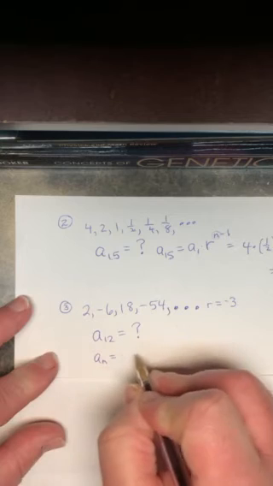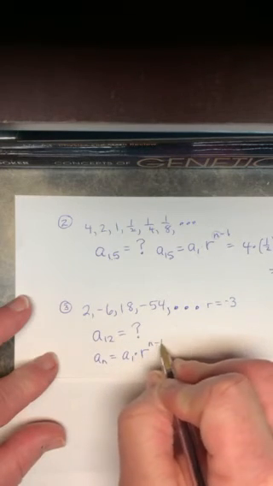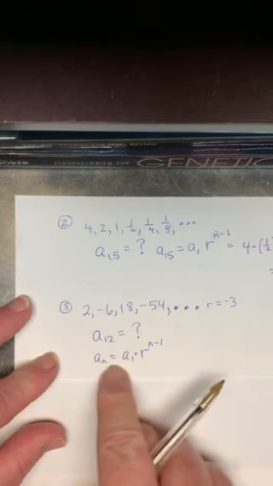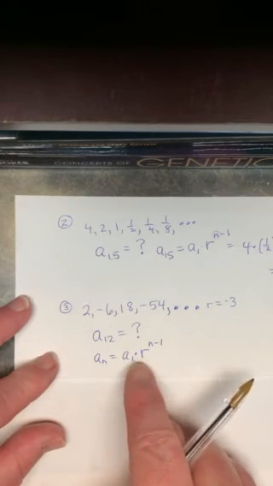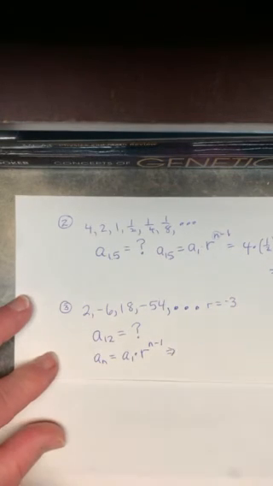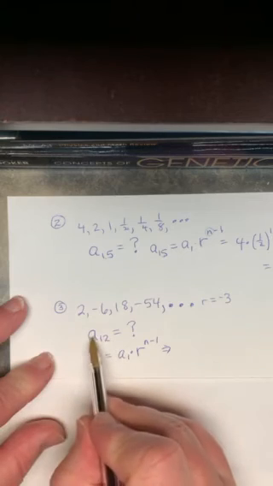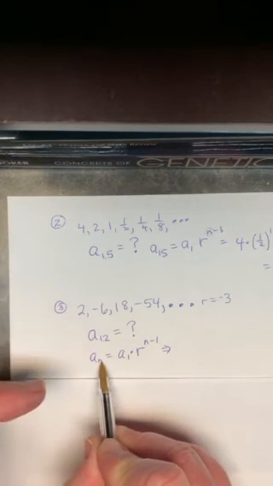A sub n equals a sub 1 times r to the n minus 1. That's the formula you use to find the nth term of any geometric sequence. We're looking for a sub 12, so n is 12 this time. We're looking for our 12th term, aren't we?